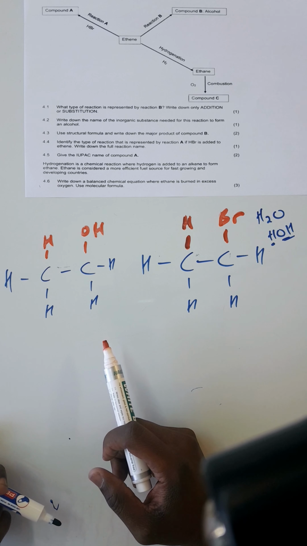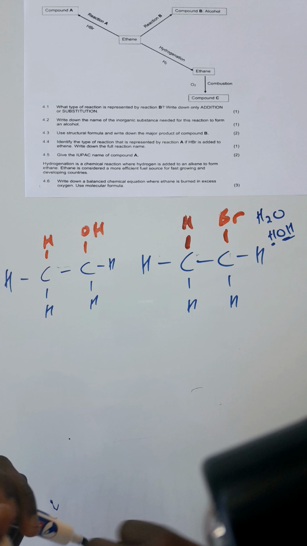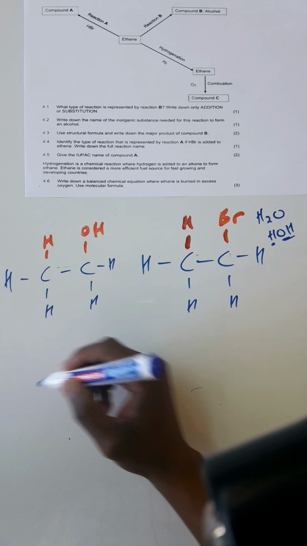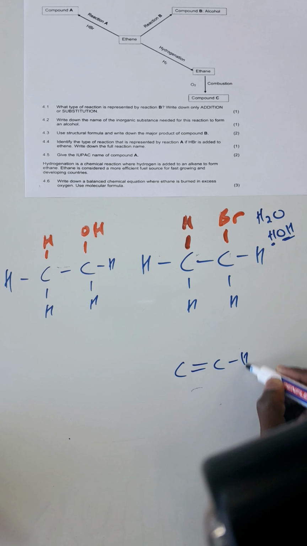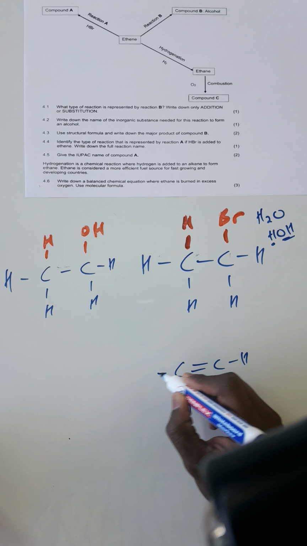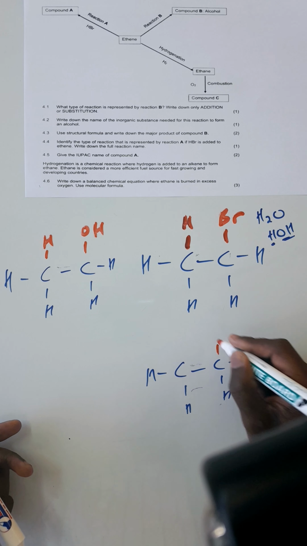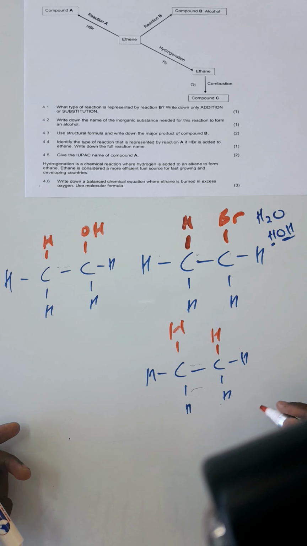Now hydrogenation is again breaking that double bond, and the product becomes an alkane, whereby after breaking the double bond with the hydrogenation, what we add is two hydrogens. So what we have is an alkane.